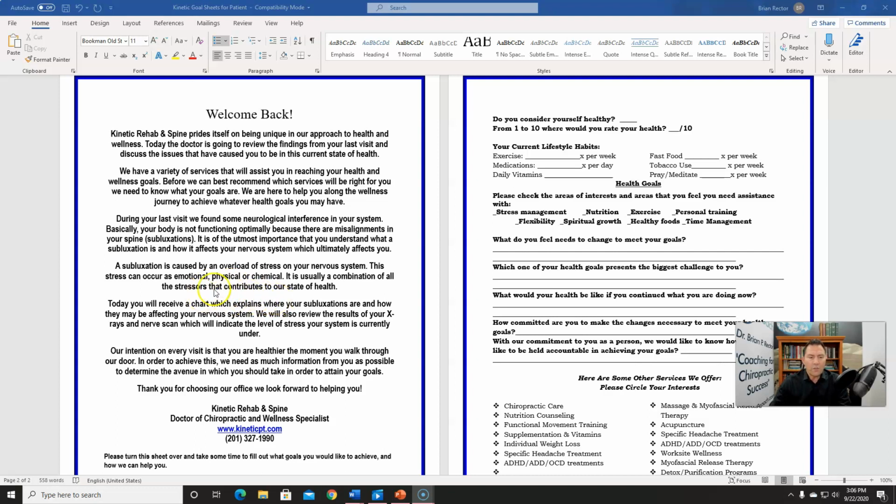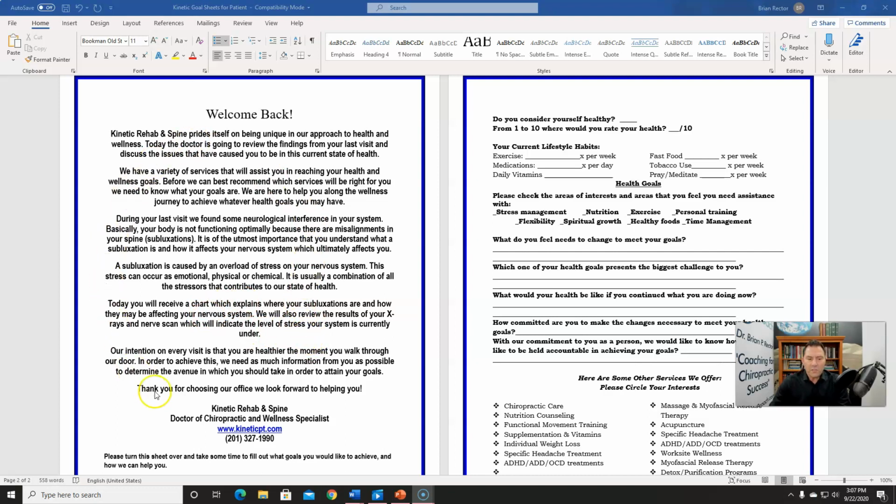So when you look through here, today you're going to receive a chart which explains where your subluxations are and how they may be affecting your nervous system. Again, this is planting the seeds of the subluxation of the nervous system, connecting the dots for the patient.